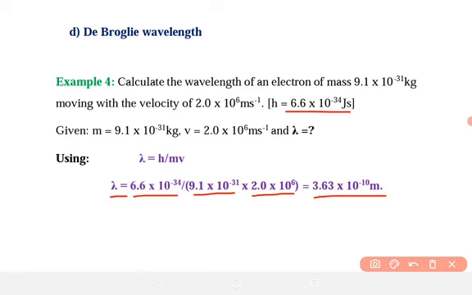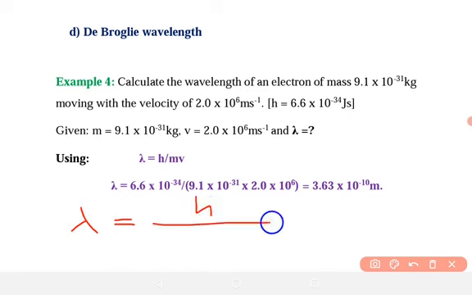Also, we can calculate this wavelength using this equation. Remember, mv here represents the momentum, which means we can derive another equation for this wavelength, which is equal to the square root of 2eVm.